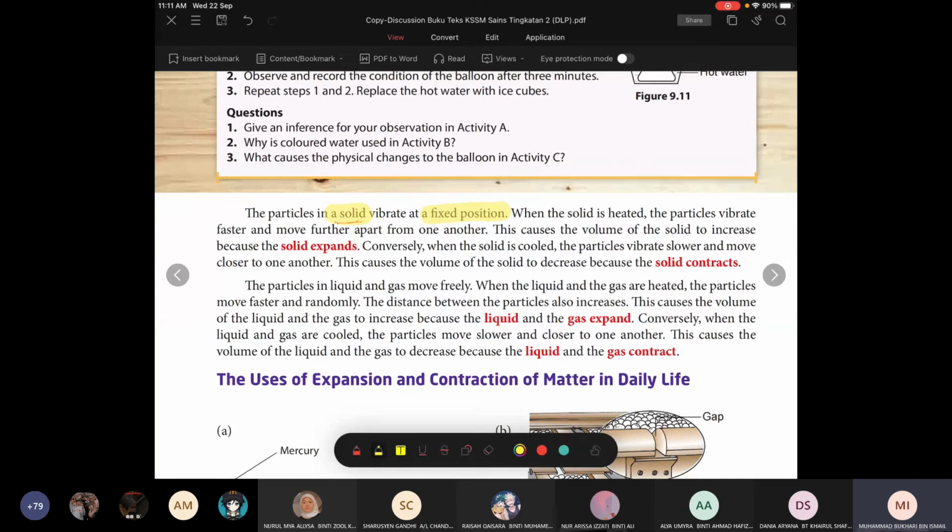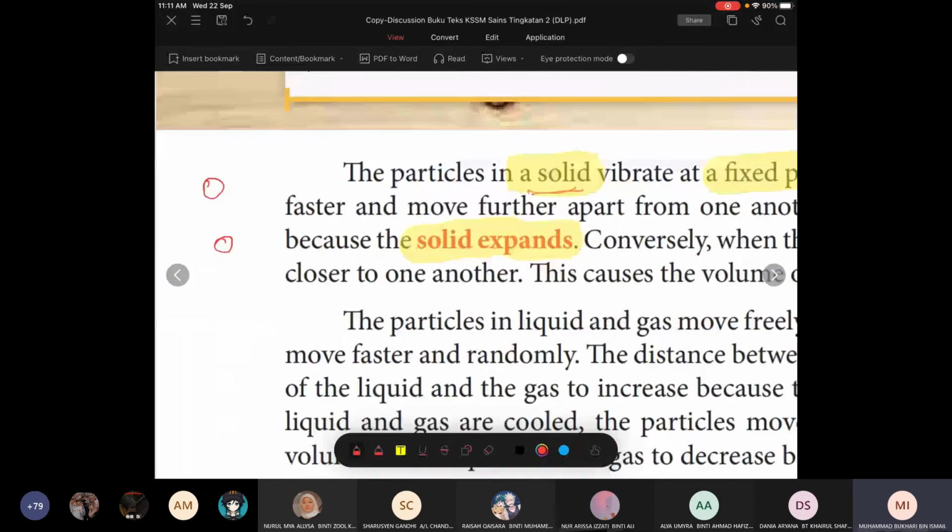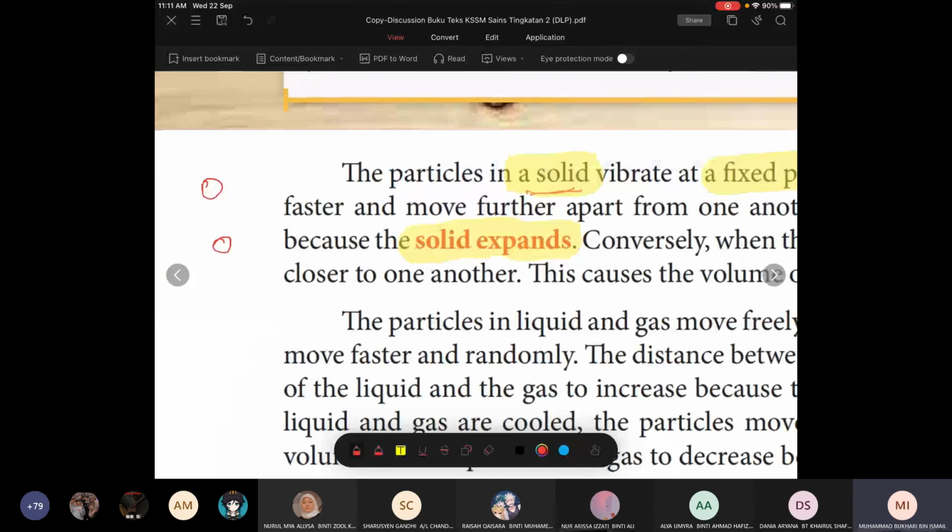Okay, just remember that when we say the solid expands, it is not that the particles expand. Let's say this is the particle. The particle just remains the same size, but it will vibrate faster.